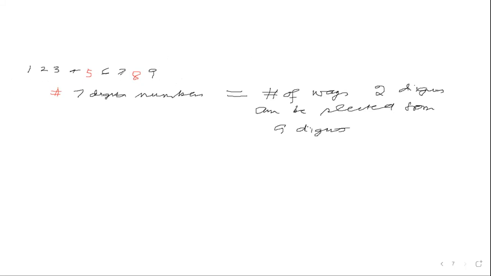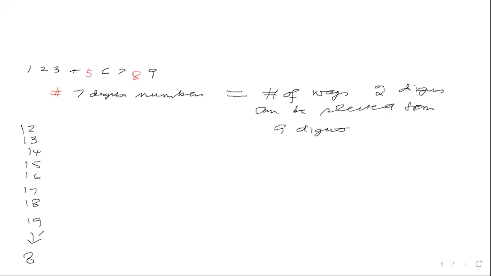So now the question is, how many ways can you choose 2 digits from 9 digits? You can choose it like this: 1 and 2, 1 and 3, 1 and 4, 1 and 5, 1 and 6, 1 and 7, 1 and 8, 1 and 9. If you insist that 1 is one of those numbers, how many are there altogether here? 8.